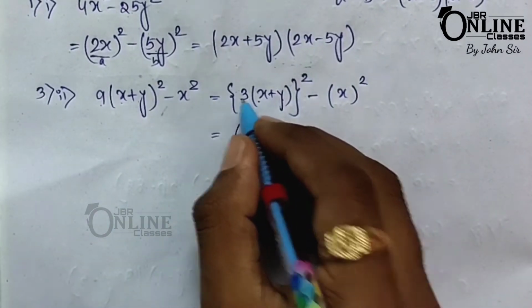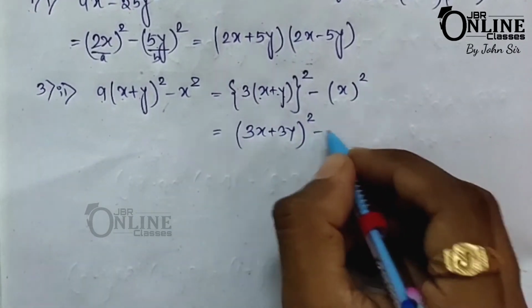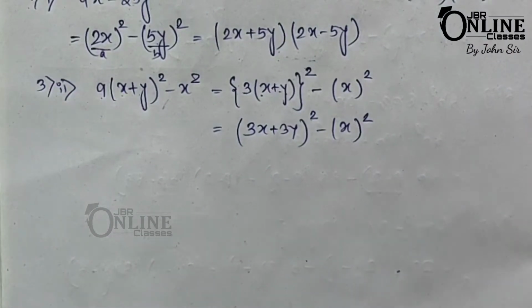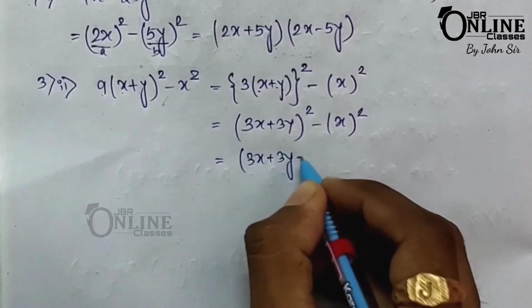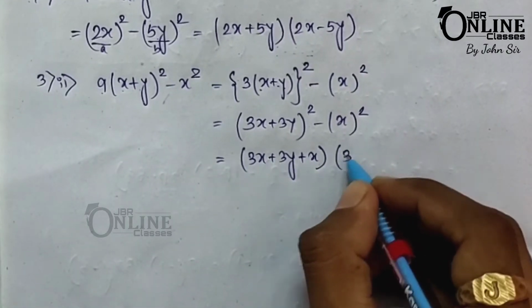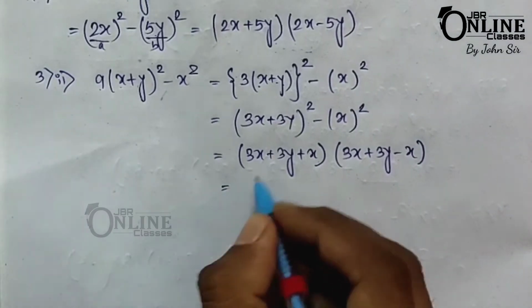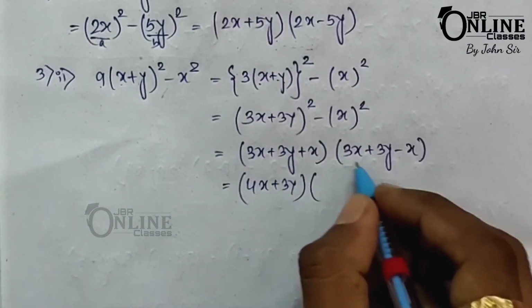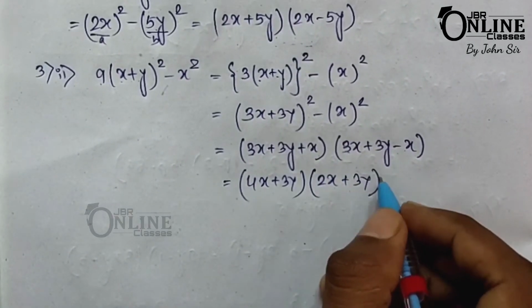So 3 will be multiplied with this one, so (3x plus 3y) whole square and then x whole square. So now you can apply the formula a square minus b square. So that will be (3x plus 3y plus x) and then (3x plus 3y minus x). Here 3x plus x will be 4x, so 4x plus 3y. In the last term, 3x minus x will be 2x, so 2x plus 3y. Okay.